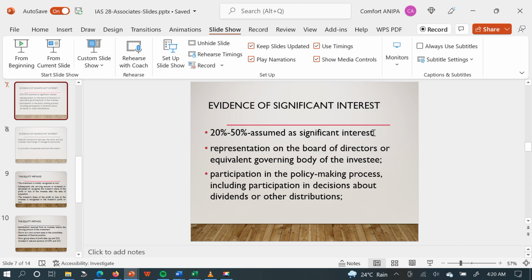So if the entity has 20% equity interest or 20% voting power and above, it is assumed to be significant influence. Representation on the board of directors, participation in the policy making process. Remember, participation, you have a voice, but you don't take decisions. You are not in control. So take note of that. Thank you.